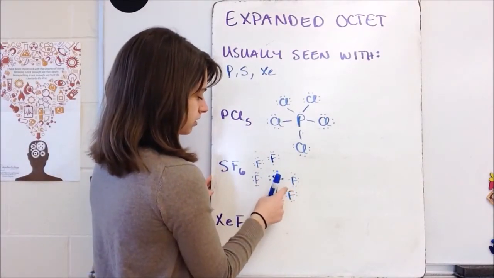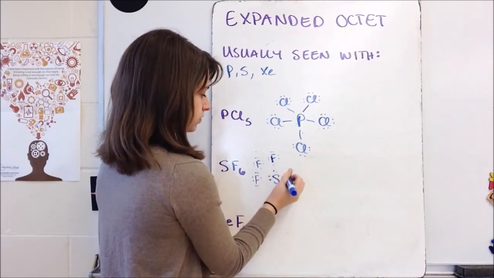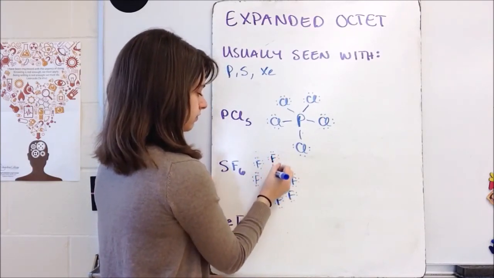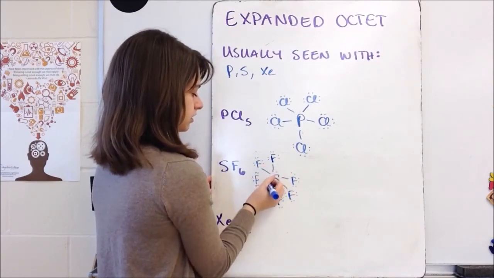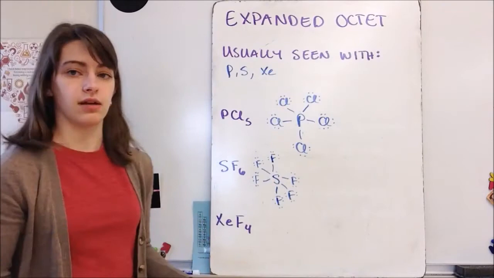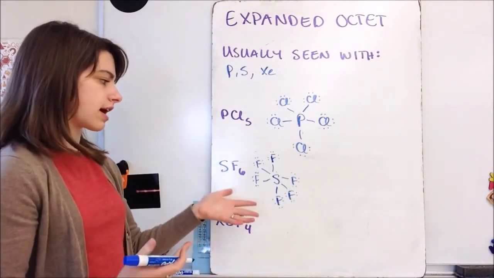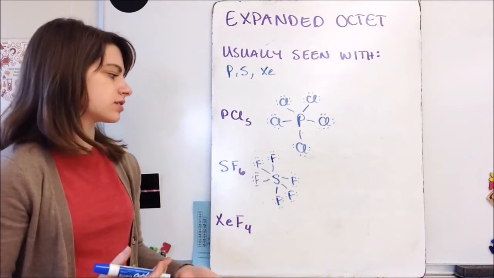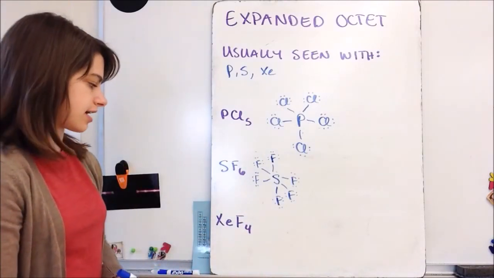So there's 1, 2, 3, 4, 5, 6. So again, we're still following our rule that we didn't gain or lose any electrons. However, sulfur now has 12 electrons around it instead of just its standard 8. So that makes this an expanded octet.